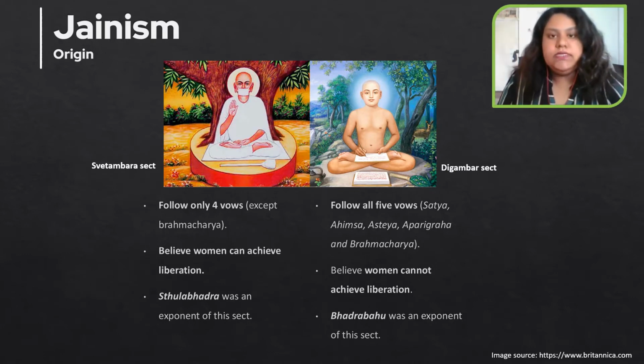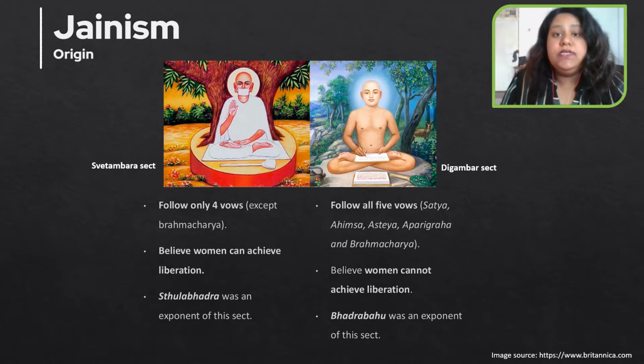Like Buddhism was divided into two parts, Mahayana and Hinayana, similarly the Jains also divided their sects into two parts, Digambara and Svetambara. The monks of the Digambara sect believe in complete nudity.